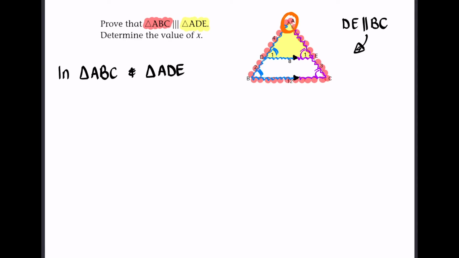So if I look here, I've got my two triangles, ABC and triangle ADE. I can start by saying that angle A is equal to angle A. Why is angle A equal to angle A? Because it's a common angle, or because it's common to both triangles.